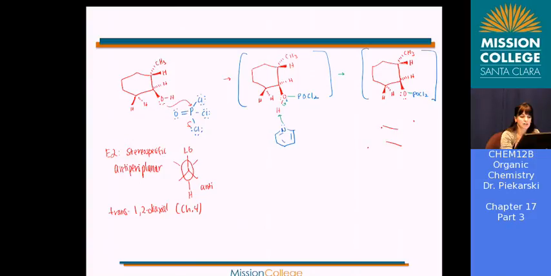So I'm just going to draw a chair, and I'm going to number the ring. It doesn't matter how you number it, but I will number this 1, and this 2, and this is 3. And I'm just going to draw the bonds here.